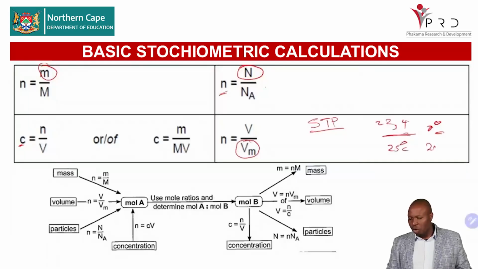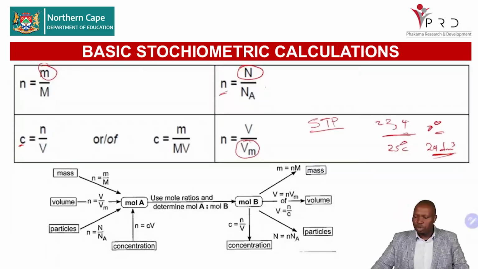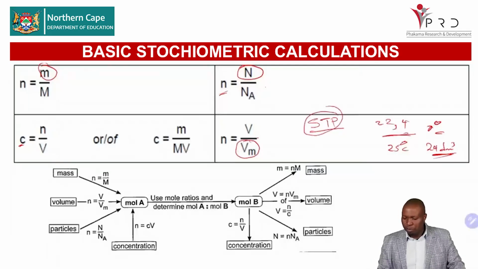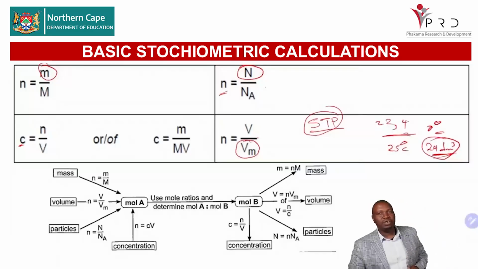It can be 24 cubic decimeters. So always check those conditions. Sometimes you'll be given the molar volume. So when you see molar volume, you know that the formula that you must use is that one. So you will be looking for STP, you will be looking for molar volume on different conditions. Then you will definitely use that.